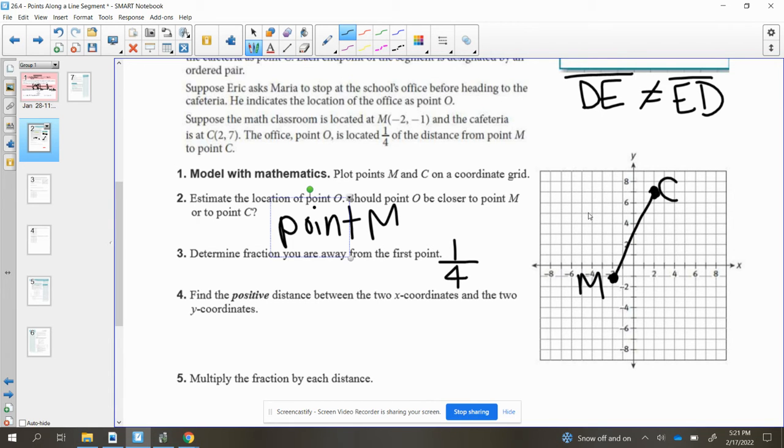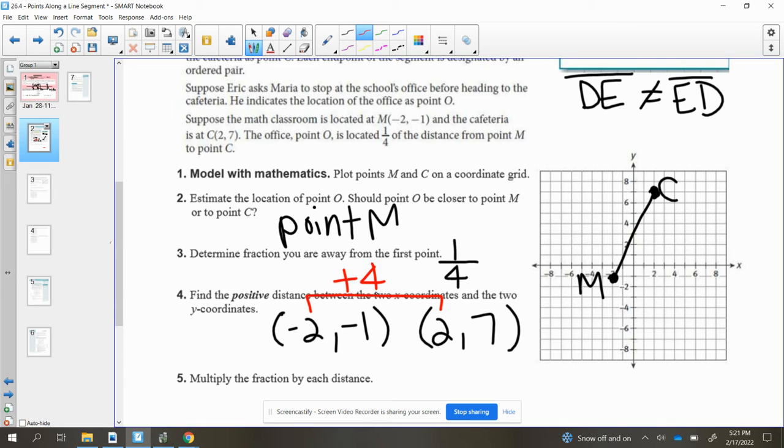So let's think about those 2 points in question. Okay, we are going to take point M, which was at (-2, -1), and the second point again was at (2, 7). So to move from x value to x value, -2 to +2 is 4 units, and -1 to 7, we had to go a total of 8 units.